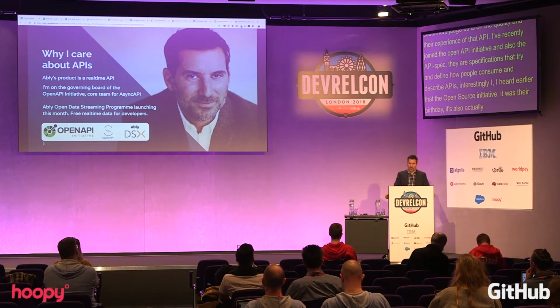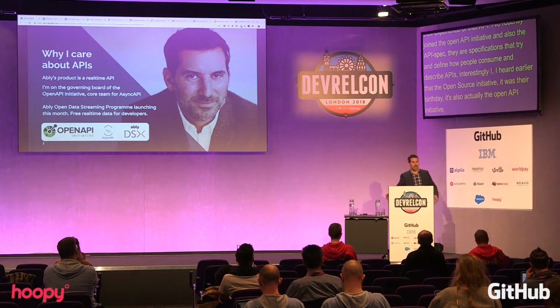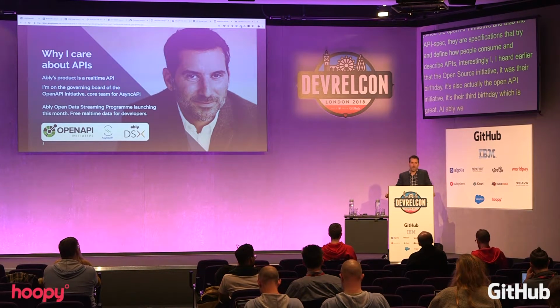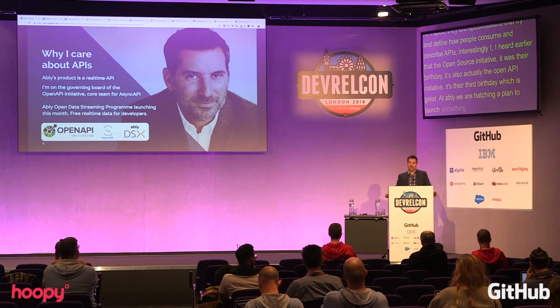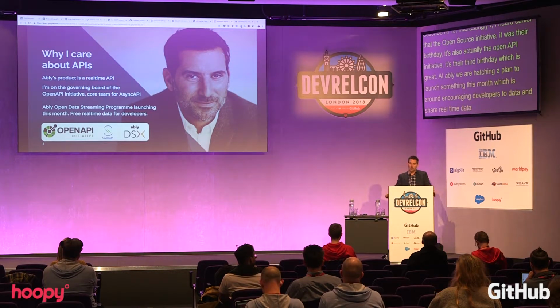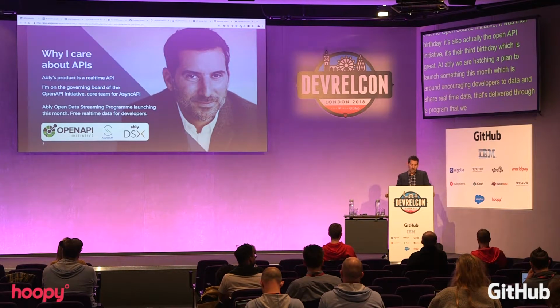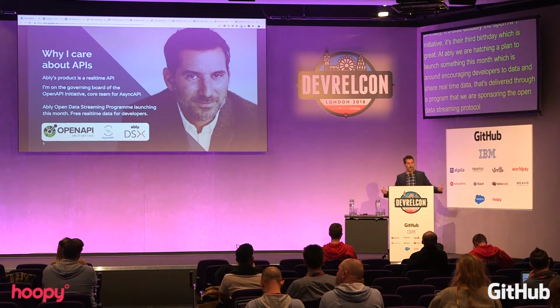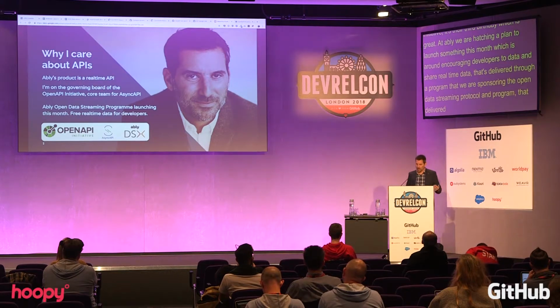And third, at Ably we're hatching a plan to launch something this month, around encouraging developers to share real-time data. That's delivered through a program that we're sponsoring, the Open Data Streaming Protocol program, and it's delivered using real-time APIs. Obviously, I care about the APIs that people use and open standards.